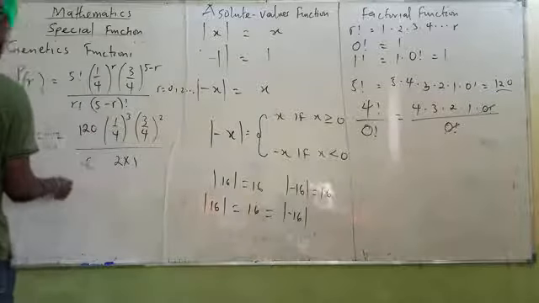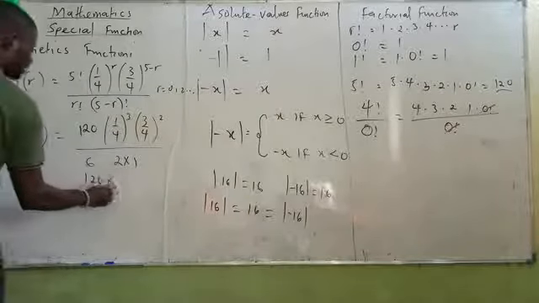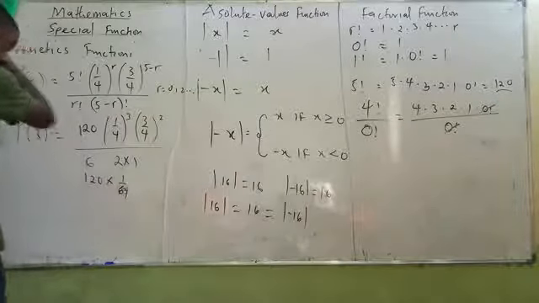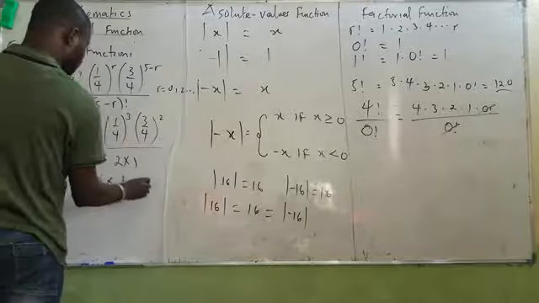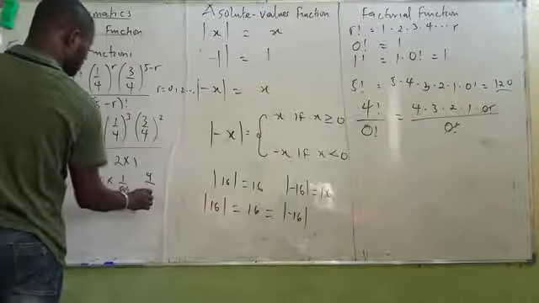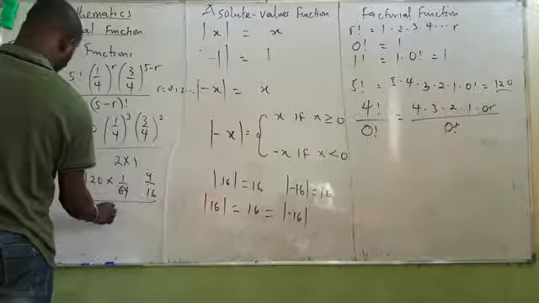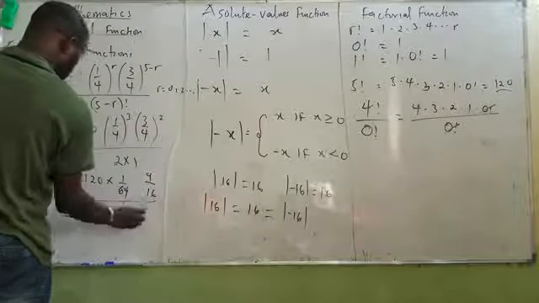120 multiplied by 1 all over 64, times 9 all over 16, divided by 18, which is going to be what? Let me just multiply directly.